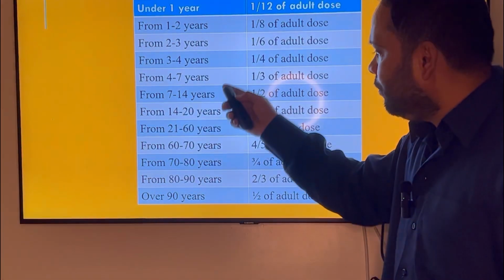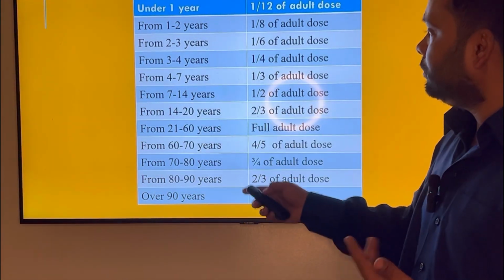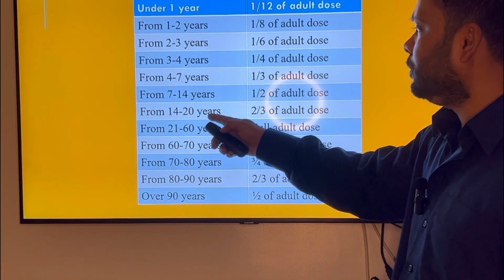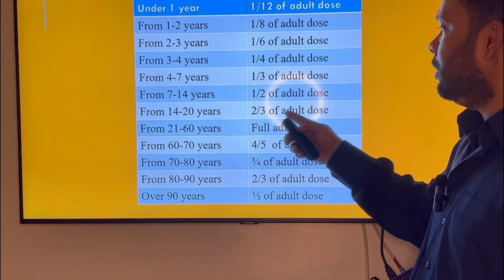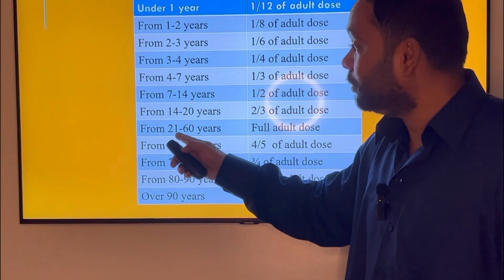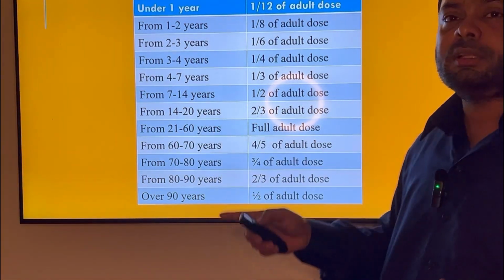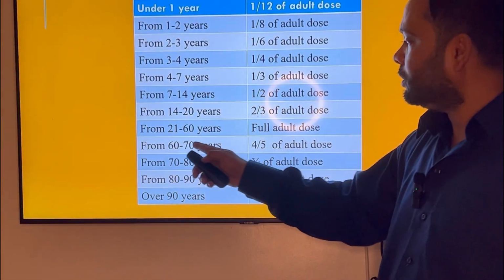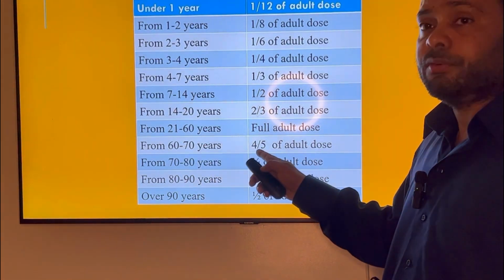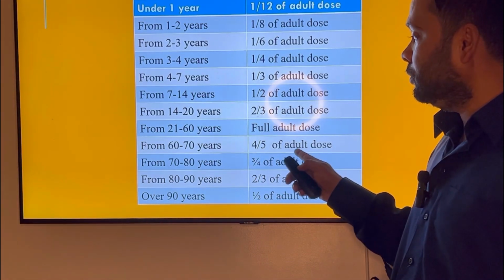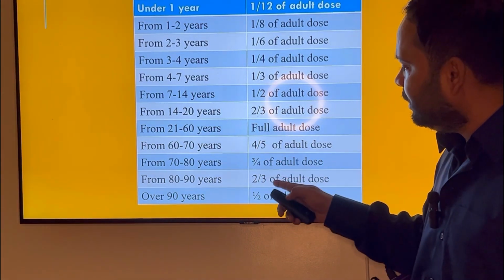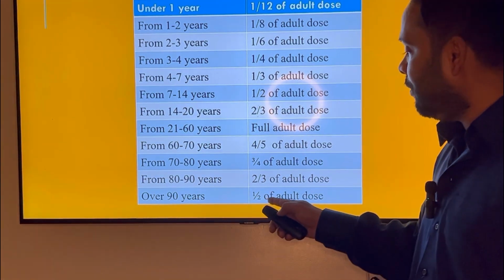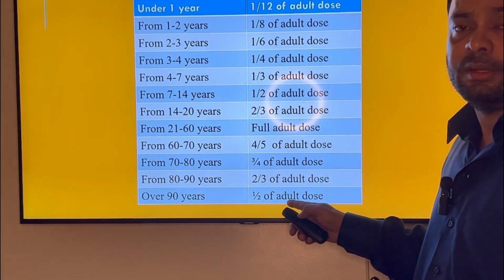Similarly, we can calculate the dose up to 14 to 20 years, two-thirds of the adult dose. But for 21 to 60 years, we give the complete adult dose. Again, for old age, for 60 to 70 years, we give 4/5 of the adult dose. Similarly, we decrease, right? So for over 90, we give half of the adult dose.